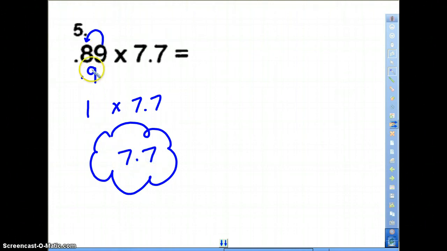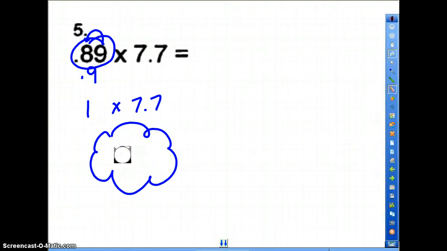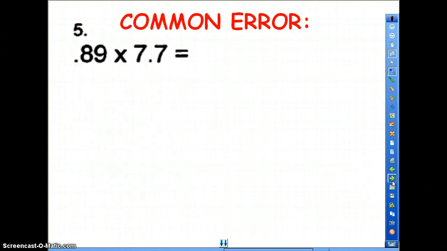But if I multiply by a number that's less than 1, should my answer be bigger than 7.7 or less than 7.7? Yeah, since 0.89 is a little smaller than 1, my answer should be a little smaller than 7.7. So, I don't know. Let's change it and make it a little bit smaller. What do you want to call it? 6.8 maybe? All right. Put it in a bubble. That's my estimate.